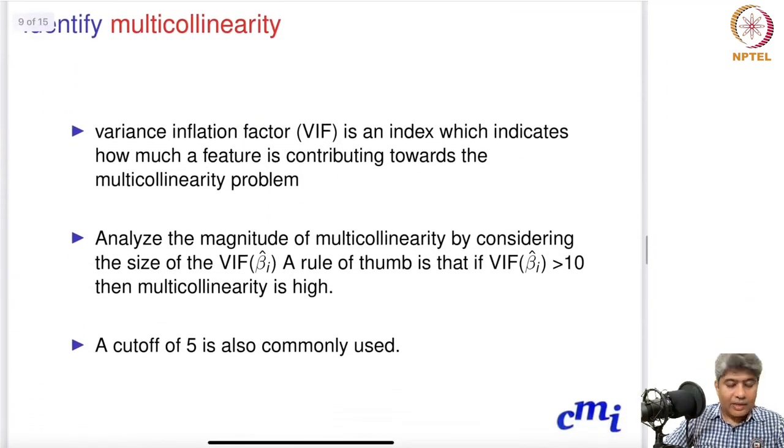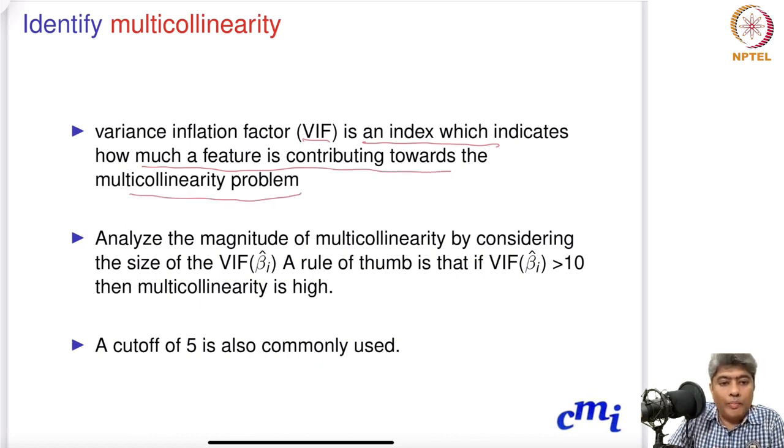Next question is how I identify if my data suffers from multicollinearity. There are many different ways to identify. One foolproof method is the variance inflation factor. The variance inflation factor, VIF, is an index which indicates how much a feature is contributing towards the multicollinearity problem.